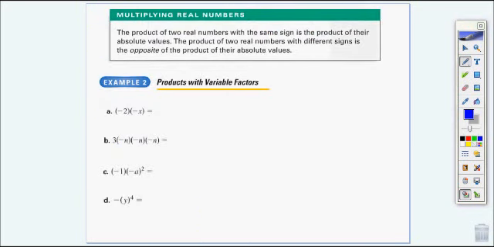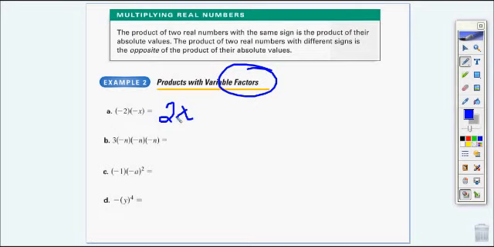So following those rules, we're going to use it with some factors here. A negative times a negative gives me a positive. 2 times x gives me 2x. Positive times 3 negatives. So negative times negative n would give me n squared. Okay, and then a negative would give me negative n cubed.